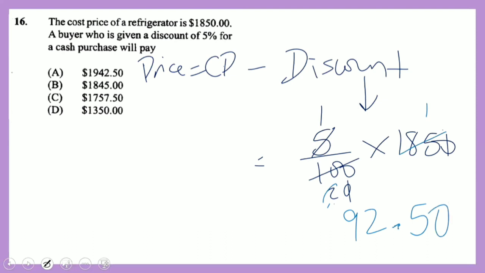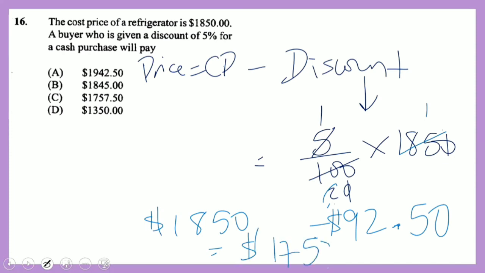All right, subtracting that from the cost price, $1,850, you would just go ahead and do your subtraction. You should get $1,757.50. So that would be C.